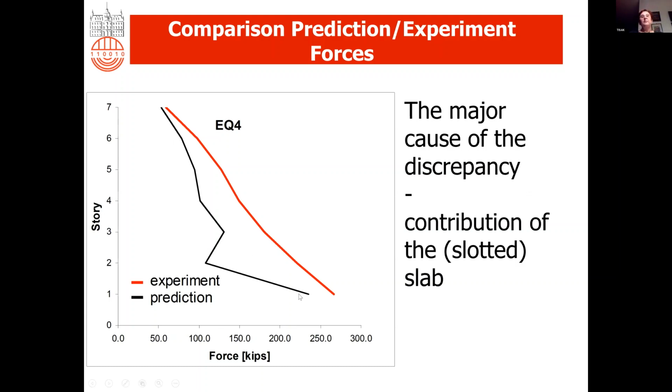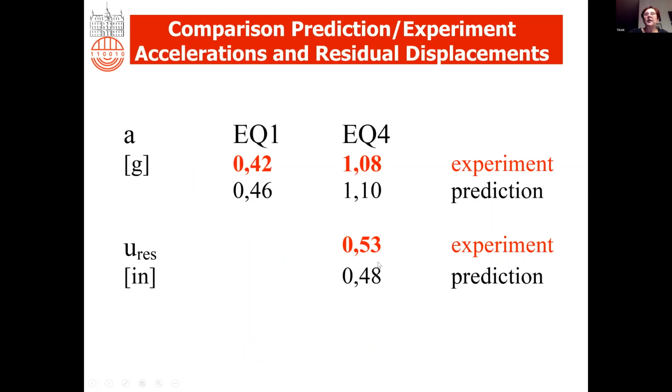At the top it was okay, but in the first three stories there was a discrepancy with the experiment. In the first excitation, when the response was elastic, it was quite okay, but in the last excitation a larger discrepancy was observed. The main reason was this slotted slab.